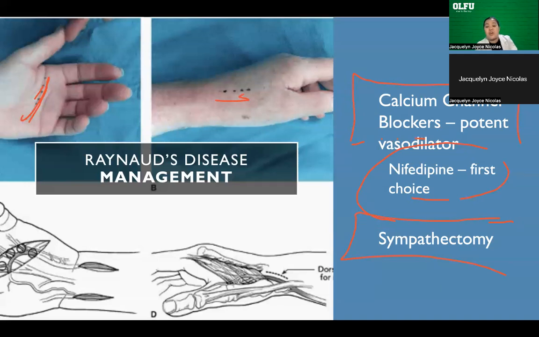So kaya kapag yon yung na-identify na main problem, so they do sympathectomy. They will cut off portion of the sympathetic nerve so that it will not send unnecessary signal to the digits or to the hands in that case. Okay? So, yun ang Raynaud's disease.